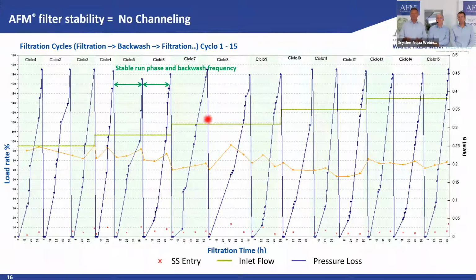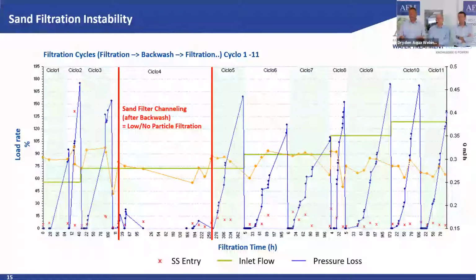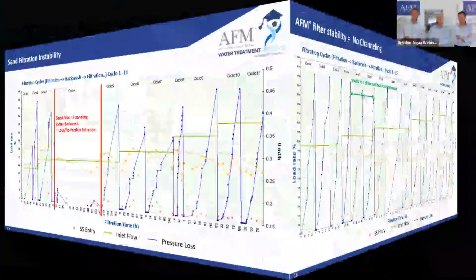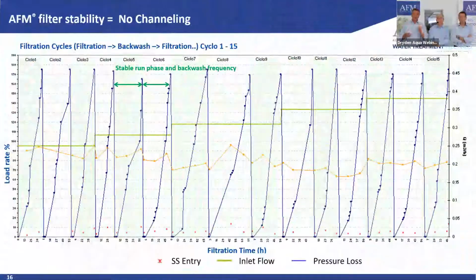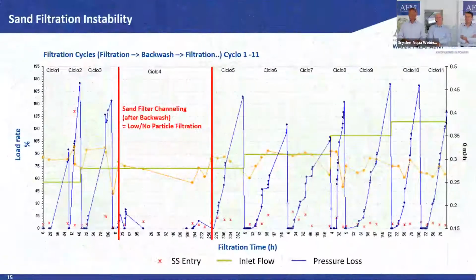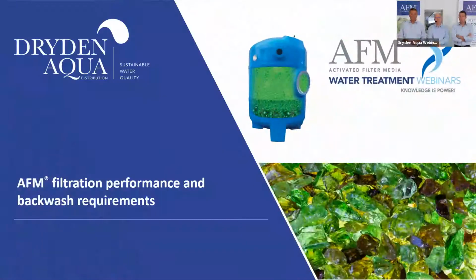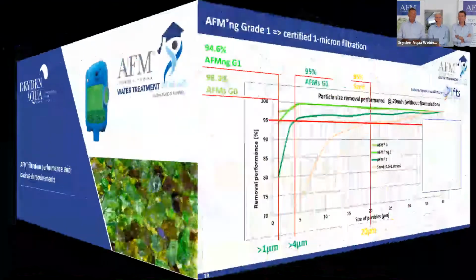We have 15 cycles here, and here we only had 11 cycles. So the better you filter, the more suspended solids you take out, the more often you have to backwash. But really in wastewater, it's important that you have this pattern and not this pattern. That's key.